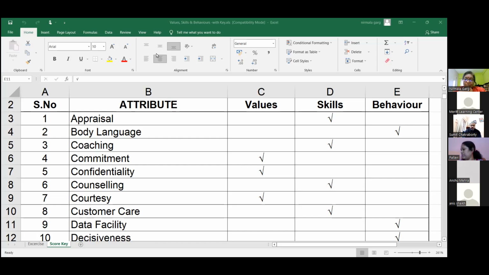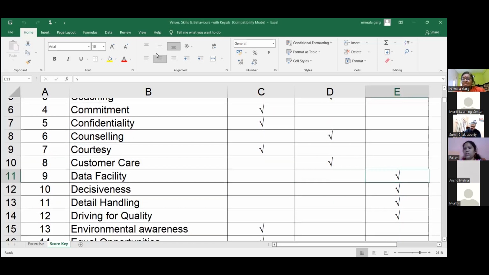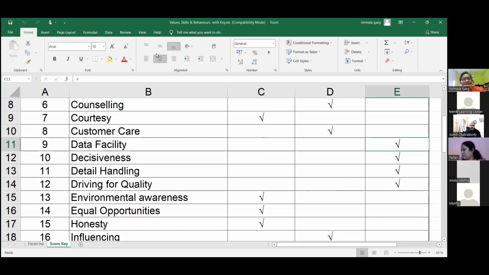Customer care is a skill, and also a behavior. Data facility? Skill, and also a behavior. Decisiveness is a behavior. Detail handling, like an eye for detail, is behavior.